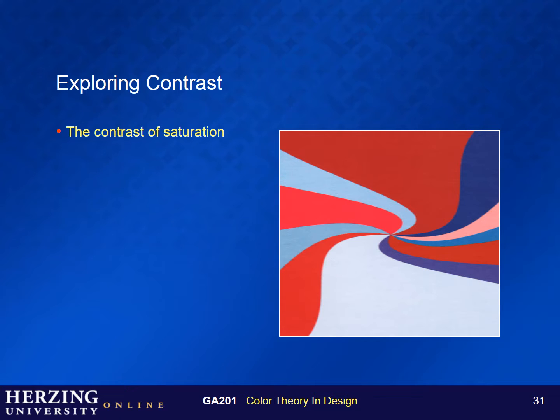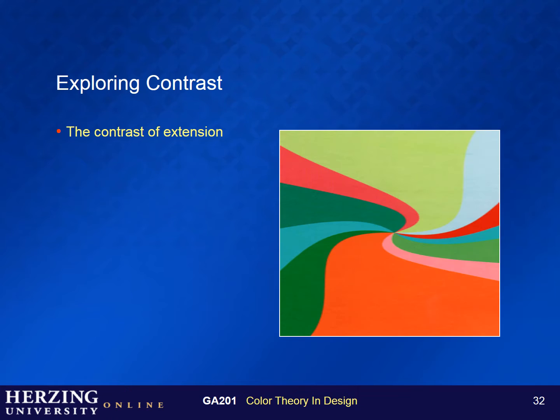The contrast of saturation, the juxtaposition of more and less saturated colors. The contrast of extension, also called the contrast of proportion, formed by assigning proportional field sizes in relation to the visual weight of a hue.